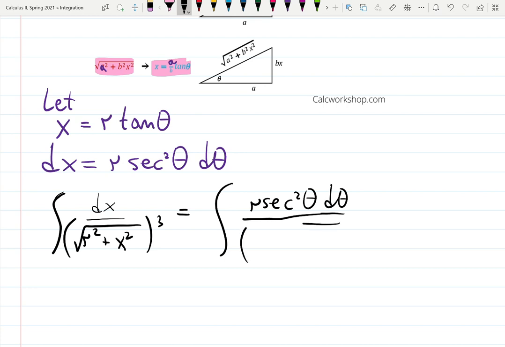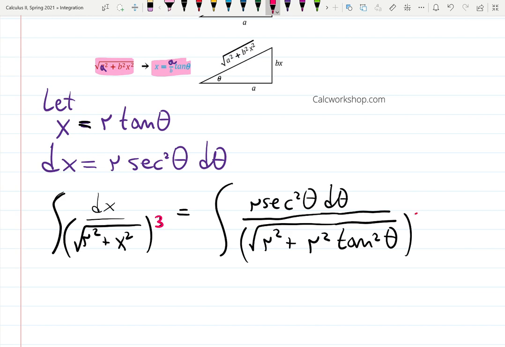Now what's inside of this square root? R squared plus x squared, but x is r tangent theta, so it's going to be r squared tangent squared theta. You could factor out r squared right away if you feel comfortable, but don't forget about the cube. That will be important. The cube is still there.